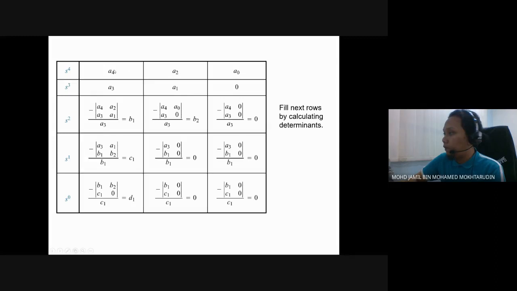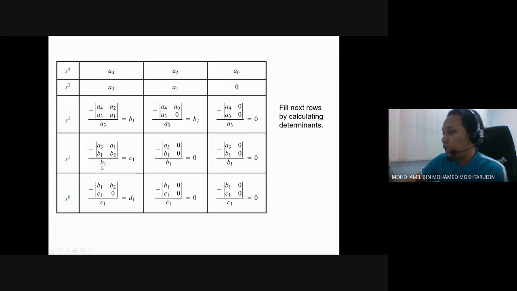So you take A4, A3, and then there is no value in this column, so you put 0, and 0 here, divided by A3. After you determine these rows, you can determine the row s1.